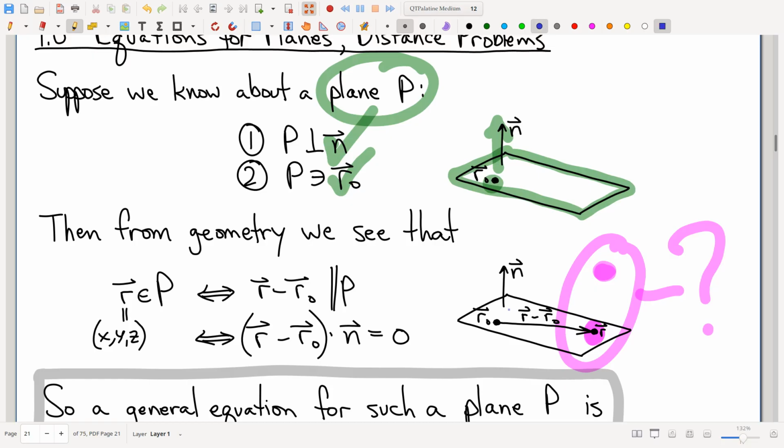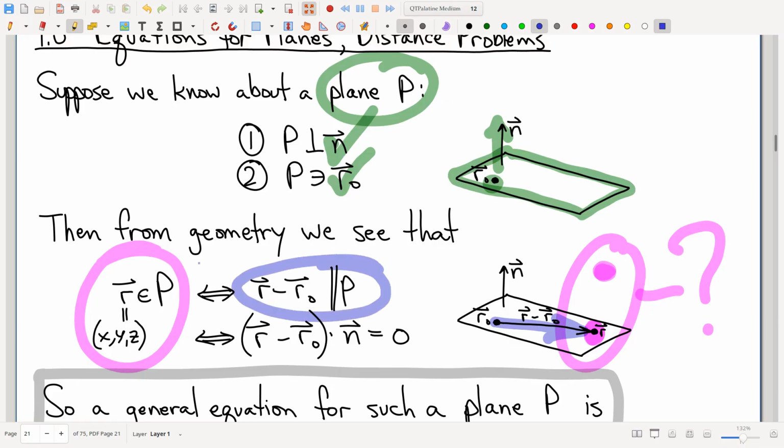Let's look at the difference vector. Let's look at r minus r naught. r is the point we're testing. r naught is the point we were given. And I make the observation that we can decide whether that point is in the plane or not based on whether that difference vector is parallel to the plane.